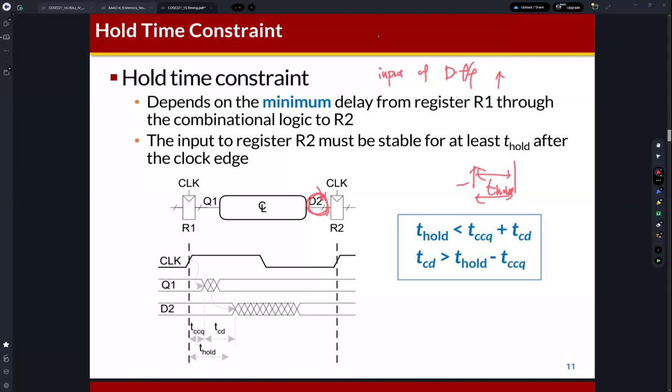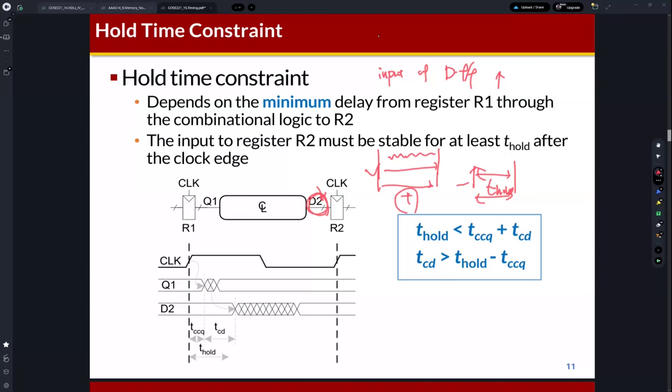You need to be stable during some time, which means the signal is not changing.